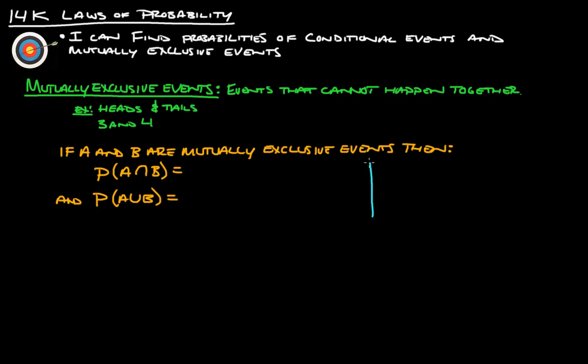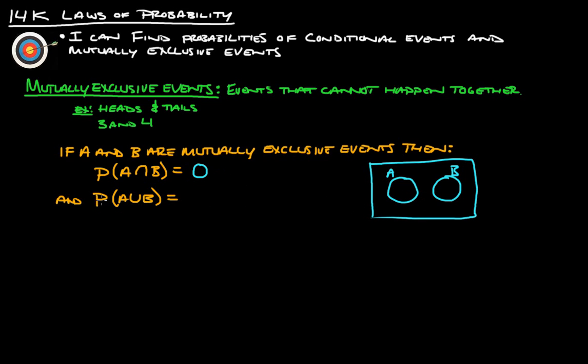So really, if you think about it, we've got these two mutually exclusive events that can't happen at the same time. So if you're going to draw a Venn diagram, it's going to look like this. So there's A and B. You can think of this as heads and tails if you want, or 3 and 4. So for the probability of A intersect B, there is no spot where A and B intersect, right?